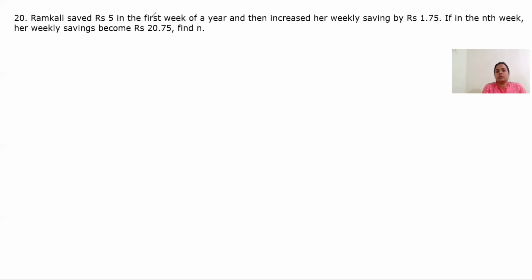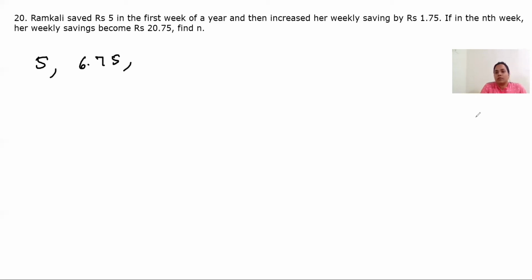Fine. Now, 20th question. Ramkali saved rupees 5 in the first week, then increased her weekly savings by rupees 1.75. If in the nth week her weekly savings become rupees 20.75, find N. Again, this is the case of AP. First case 5, then 5 plus 1.75, that is 6.75.